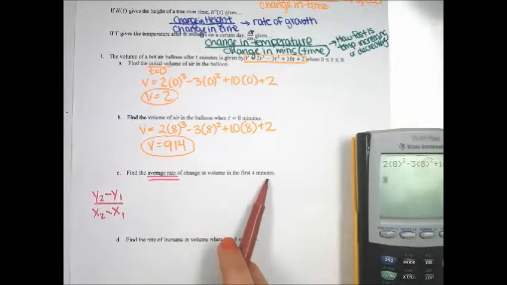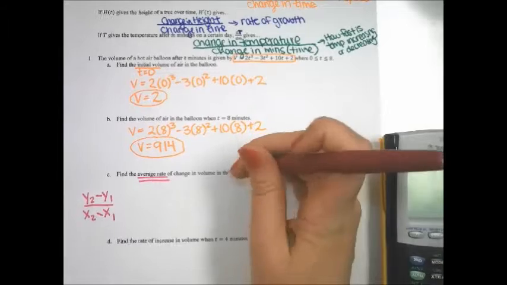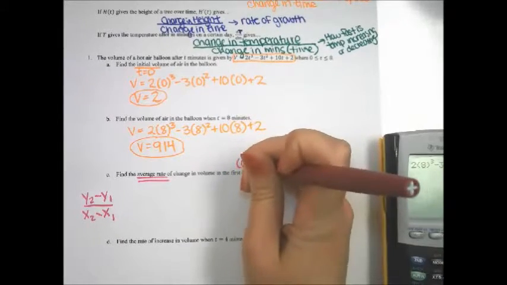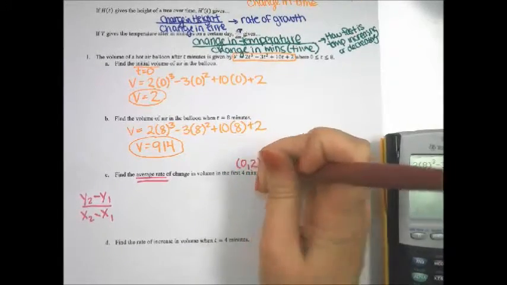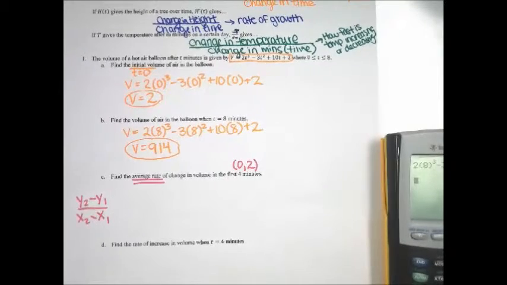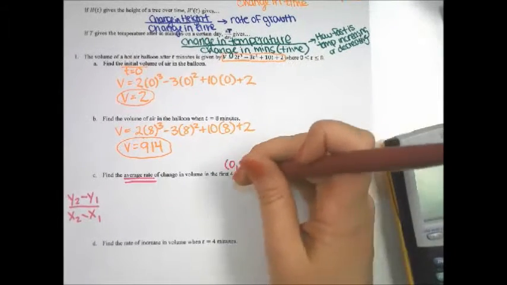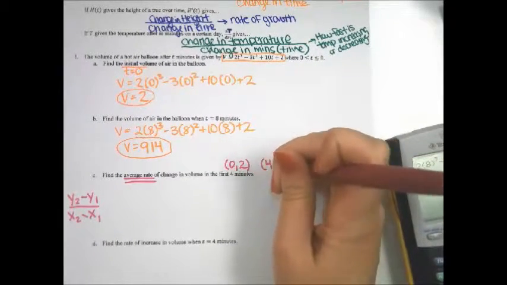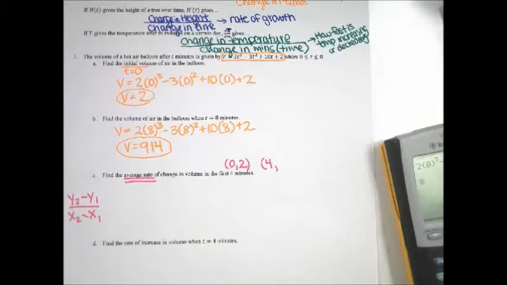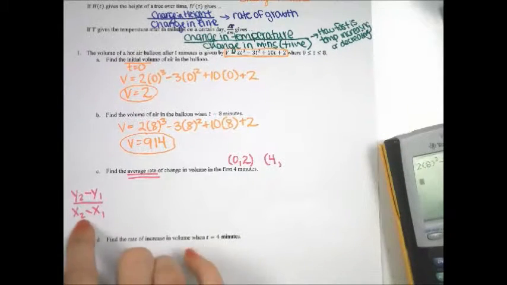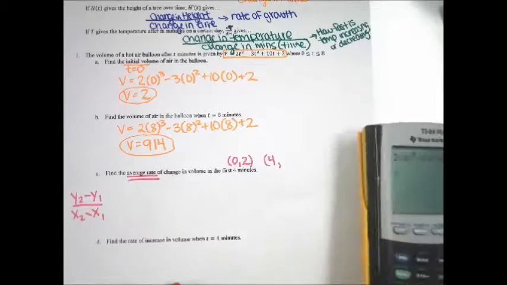So first 4 minutes. So what we need is when time is 0, the volume of our balloon is 2. And after 4 minutes, what's the volume of our balloon? We need our 2 points so we can use our slope formula to find our average rate of change.